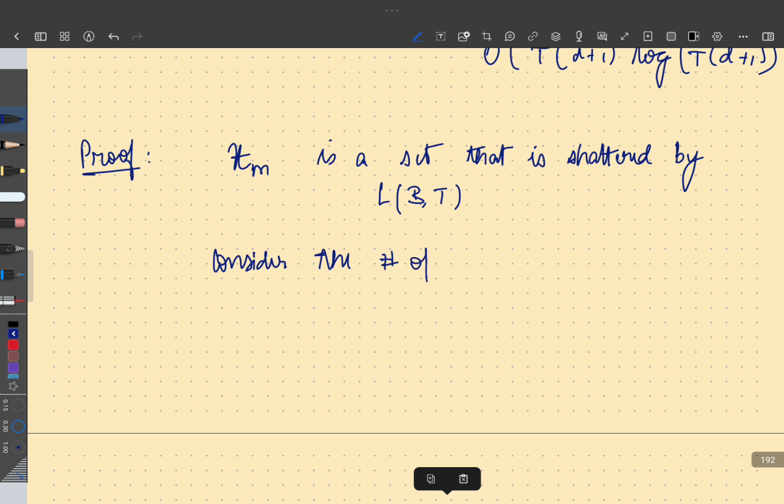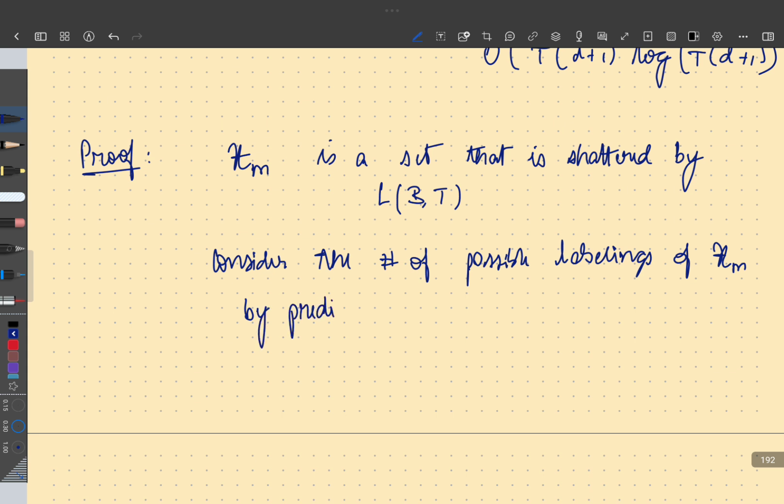The number of possible labelings of x1 through xm by predictors in B, in the base hypothesis class.